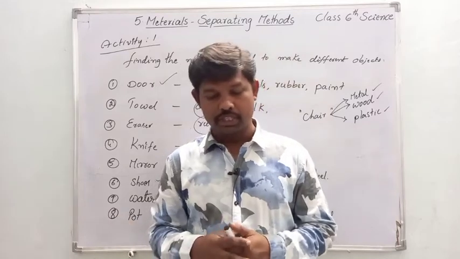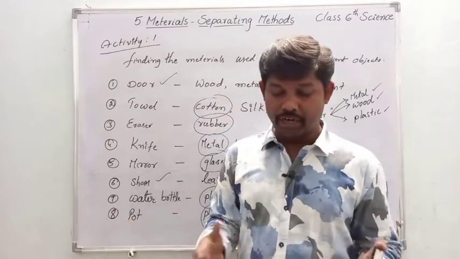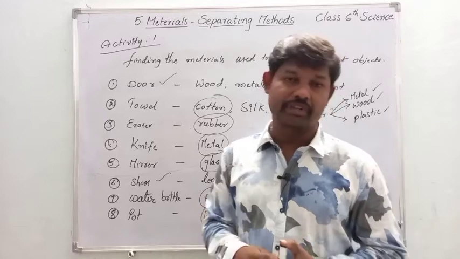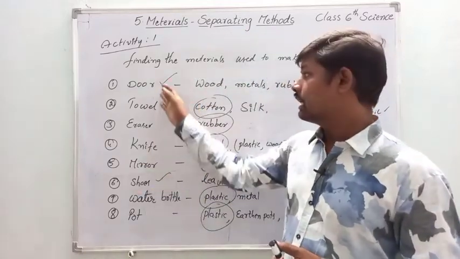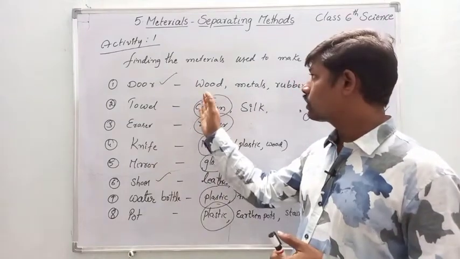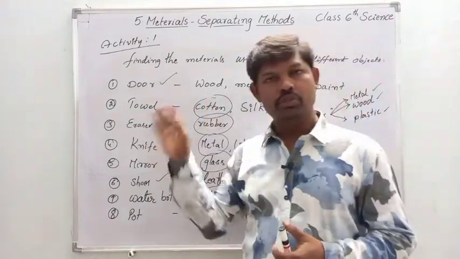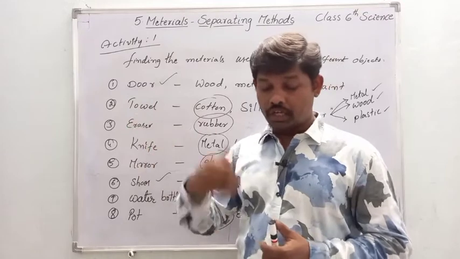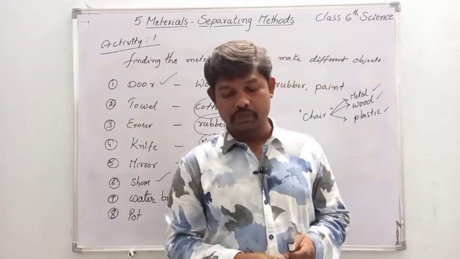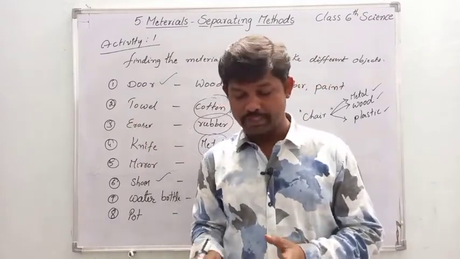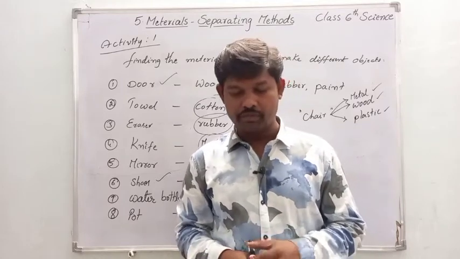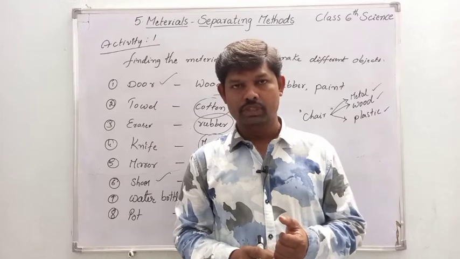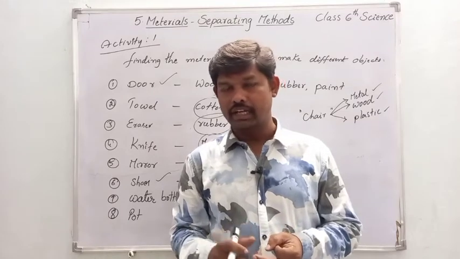So activity 2 is given, so you can find the objects made from different materials. Before, we wrote the objects that are given and what materials are used to prepare them. Now there is an activity, table 3, page number 47. Here materials are given, for example metal, plastic, glass, different materials.